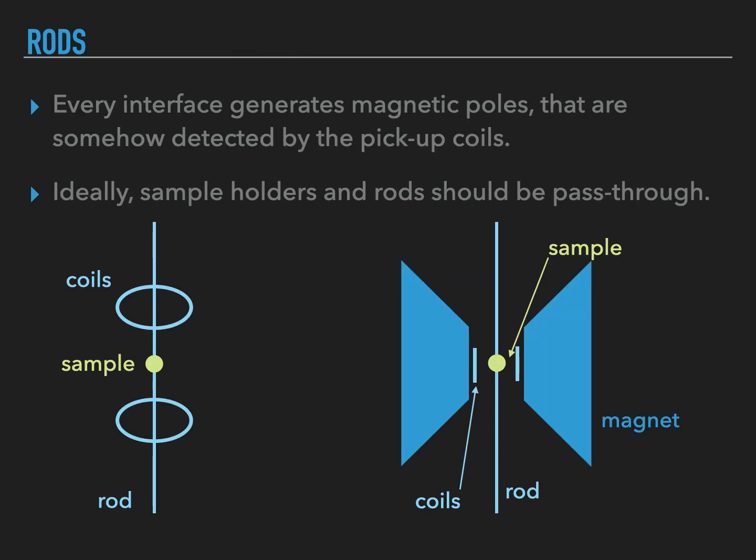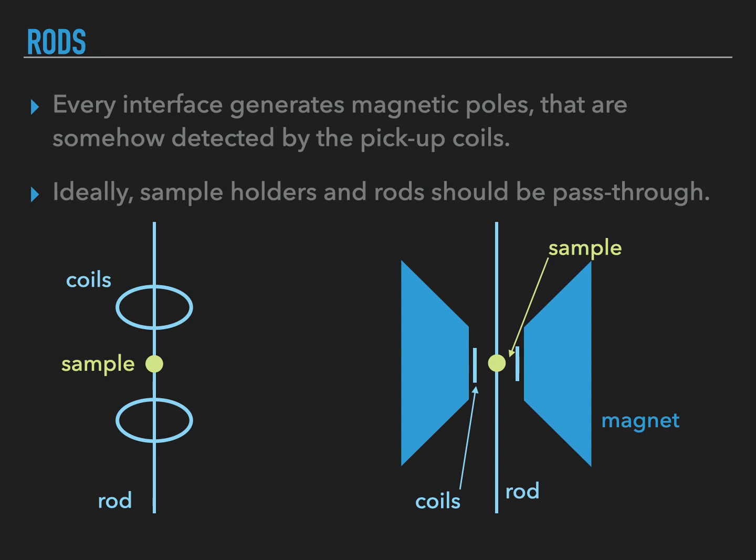Even if the rods to hold the samples in the magnetometers are given by the manufacturers with their magnetometers, they are worth a discussion because every interface generates a magnetic pole that is measured by the magnetometer. What is an interface?